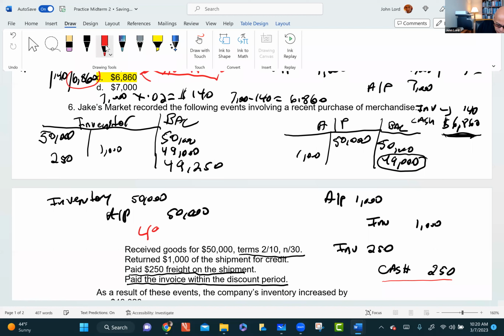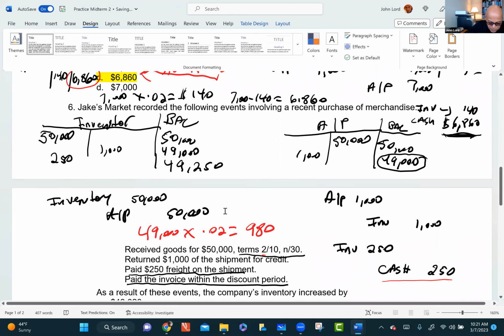So I multiply that 49,000 by the 2% discount, and 49,000 times 2% gives me 980.